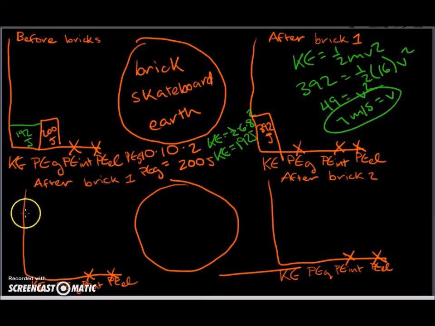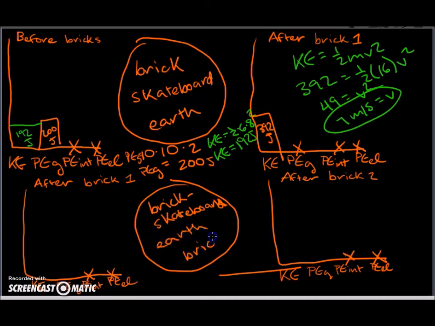Now we need to find out the velocity of the skateboard after the second brick is dropped. However, because we have this new brick, we need to include that in our system. So our new system is actually going to be the brick-skateboard, and I'm using the hyphen to denote that they're being treated as the same object right now, and the Earth.